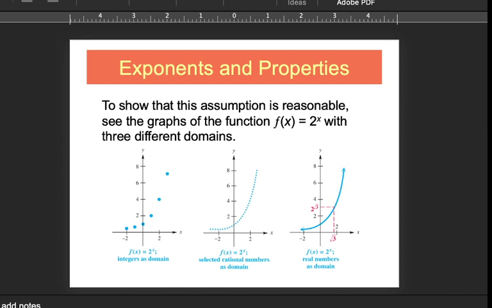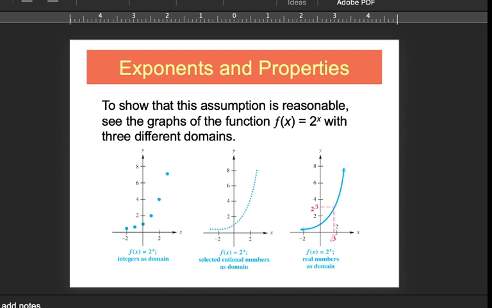But if we look at all real numbers for x, we can put more points along this graph, and clearly what we have is this line, the line for an exponential function.